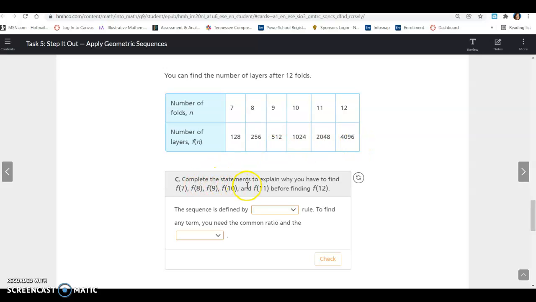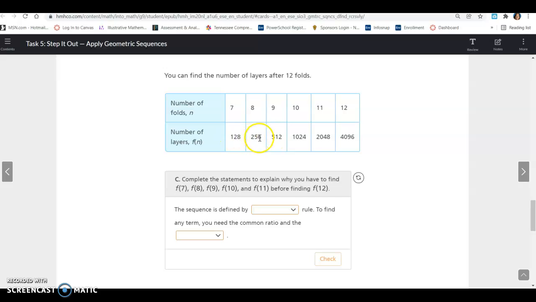All right, so it says complete the statement to explain why you have to find 7, 8, 9, 10, and 11 before finding 12. Well, when you're doing recursive, you're always multiplying by the previous term, so you can't jump to the 12th term until you find the previous term. So 7 comes from 6, which we were given the first 6.